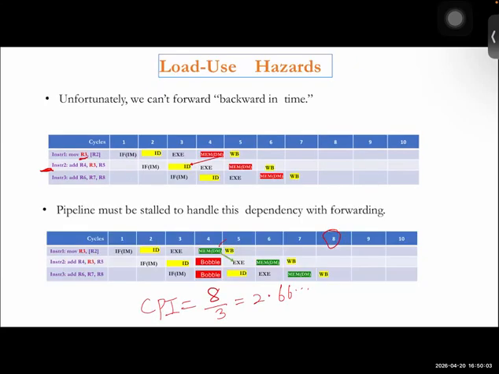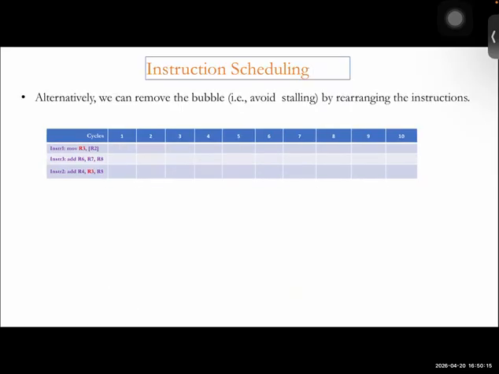Instruction scheduling means instruction 2 is depending upon instruction 1, but instruction 3 is not depending. So if there is a good compiler, the compiler can reschedule these instructions for out of order execution. That is, first allow instruction 1 into the pipeline, then the independent instruction, then the dependent instruction.